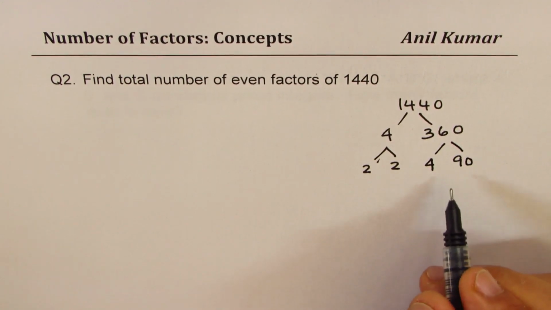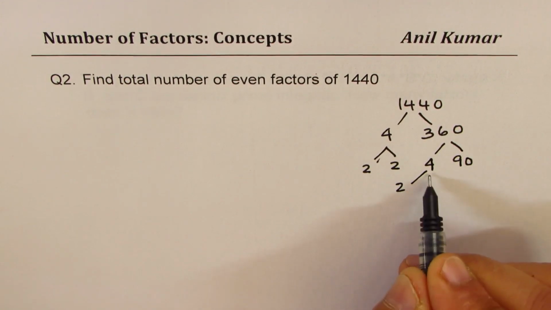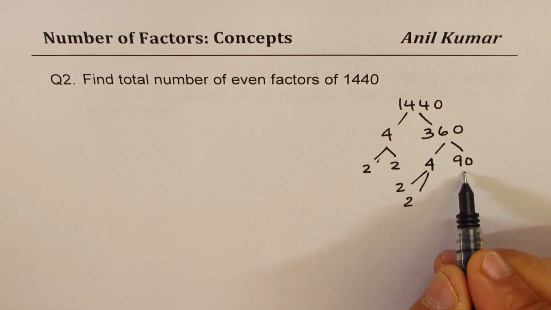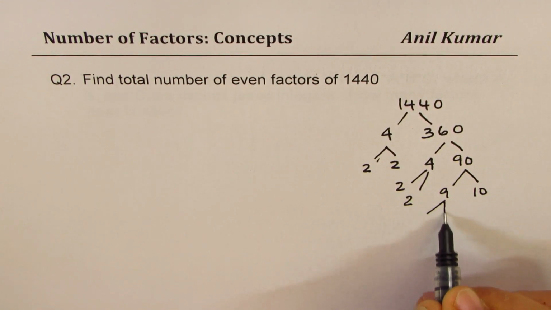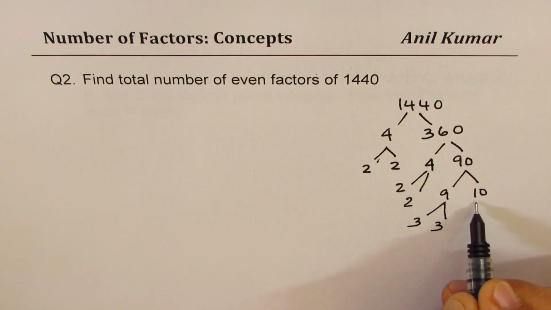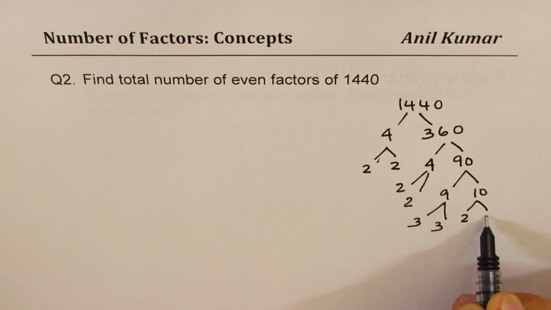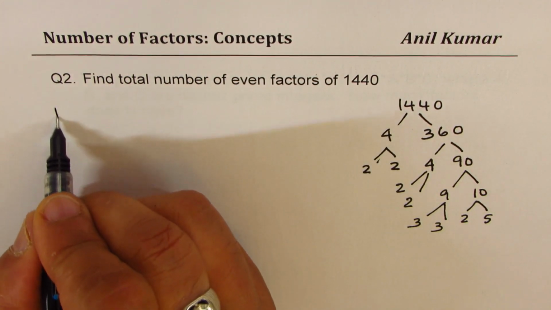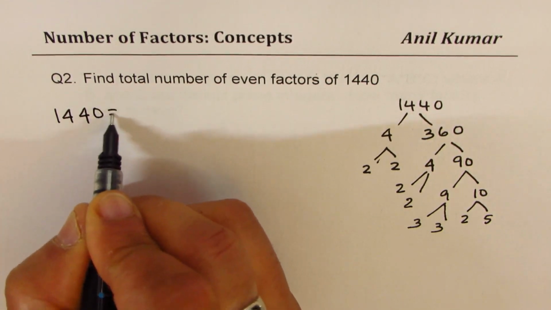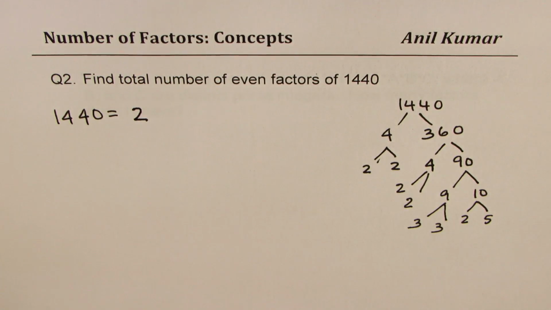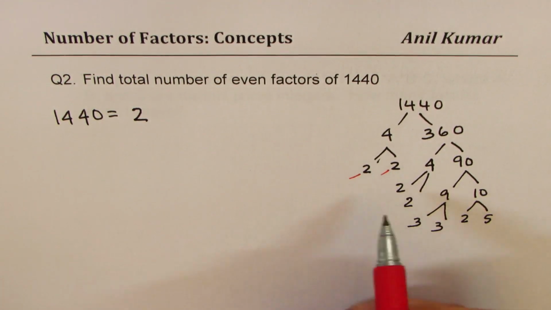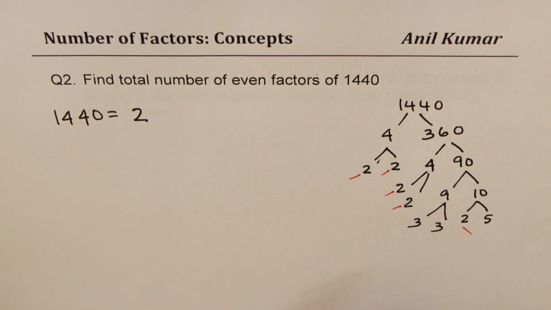Is it okay? So again we could write 4 as 2 times 2. And 90 is 9 times 10. Is it okay? And 9 could be written as 3 times 3. So this is a more efficient way of writing your factors. So we get our number 1440, which could be written as 2's. And how many 2's? Let's count. So we have 1, 2, 3, 4, and 5, right?